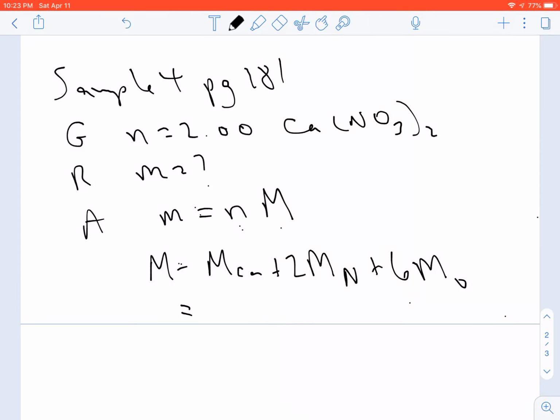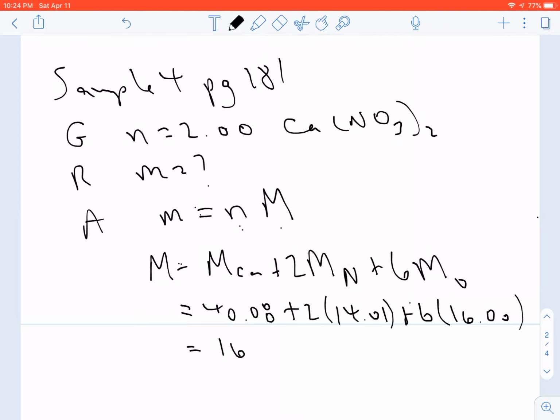Calcium is 40.08, plus 2 nitrogens, 14.01, plus 6 oxygens, 16.00, and my molar mass comes out to be 164.10 grams per mole.